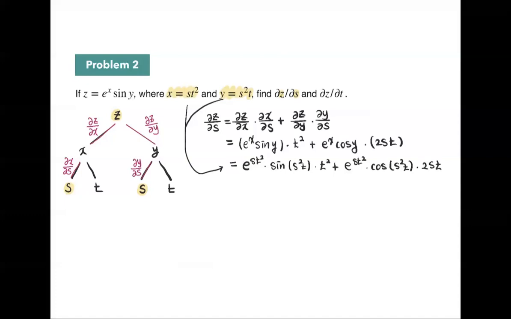Then you see that ∂z/∂s is a function of s and t. You can find ∂z/∂t with the same method I just gave.